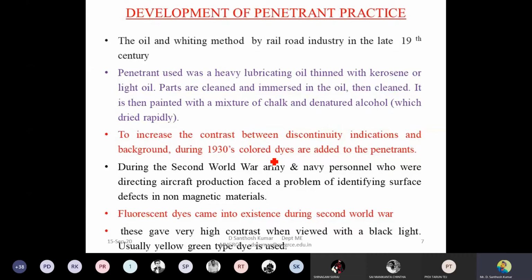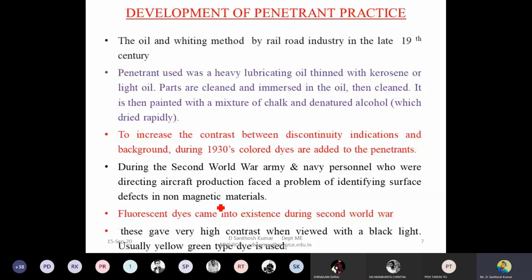Then we have to change to different kinds of dyes. So there was enhancement in the contrast of the dyes. Finally, they use fluorescent dyes, which give very good, very clear indications of any flaws or defects. But if you are using fluorescent dyes, then you definitely have to use a black light. Only within the black light can you visualize these fluorescent dye cracks.